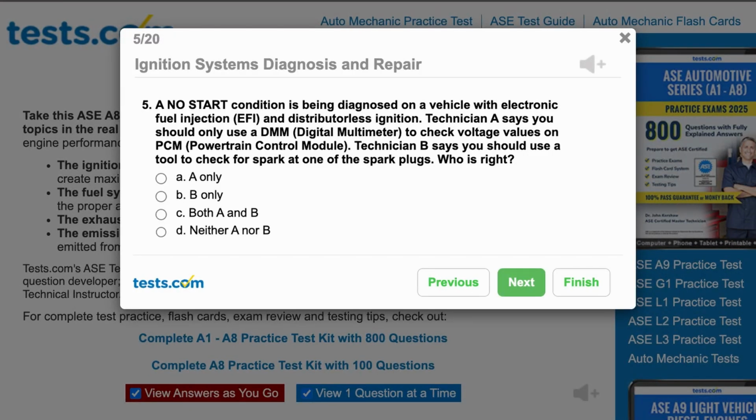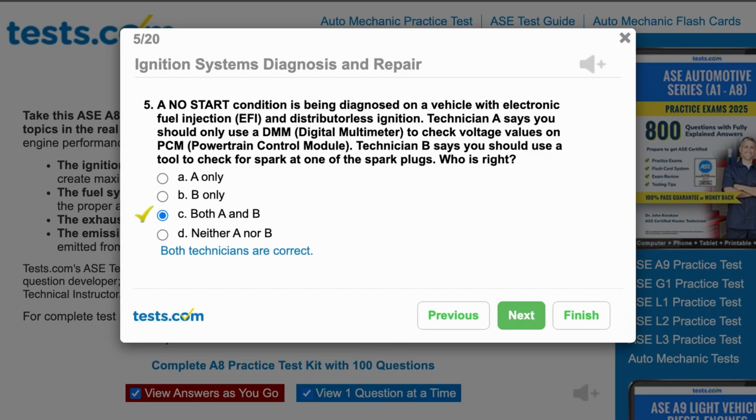Technician B says you should use a tool to check for spark at one of the spark plugs. Who is right? A. A only. B. B only. C. Both A and B. D. Neither A nor B. C. Both A and B. Both technicians are correct.